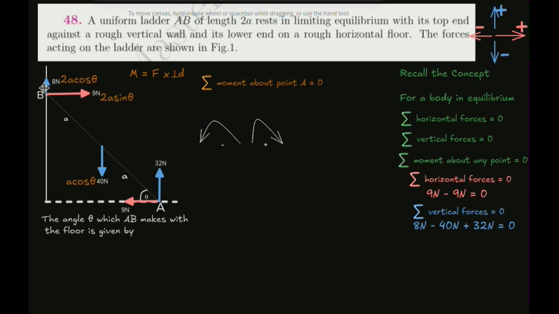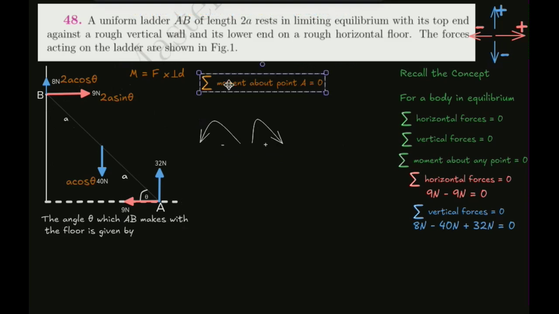We can see that this 8 Newton will make our ladder go in a clockwise direction, like this direction, clockwise. Similarly this 9 Newton will make our moment go in a clockwise direction, and clockwise direction here should be positive. Then with this 40 Newton, if we analyze direction, it will make our ladder go anti-clockwise. That is, our ladder will try to turn anti-clockwise like this, negative.